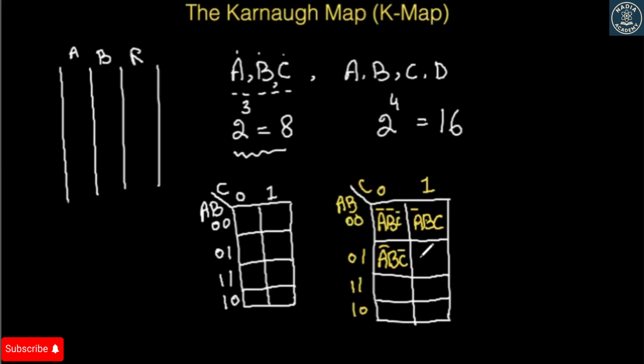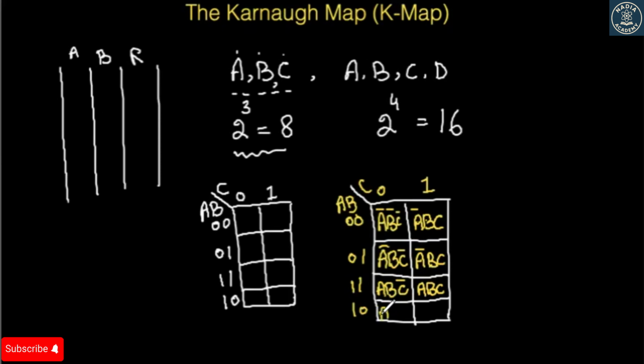In the next one, A is again 0, so A bar, B, and C as it is. In the next one, we have A 1, B 1, so it means AB, and C 0, so C bar. Next one, A, B, and C as it is, because the value of C is 1.